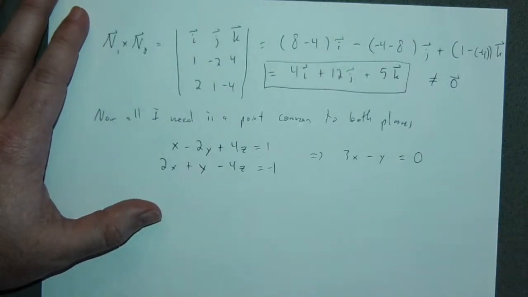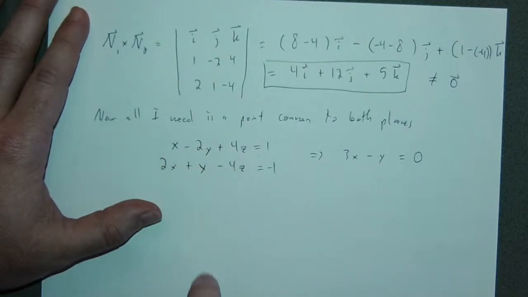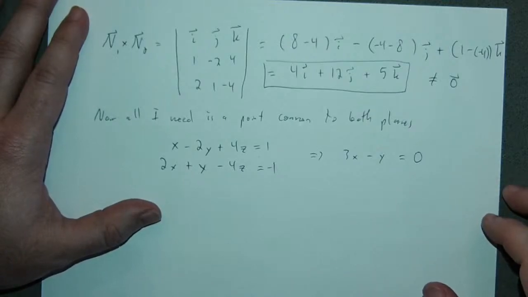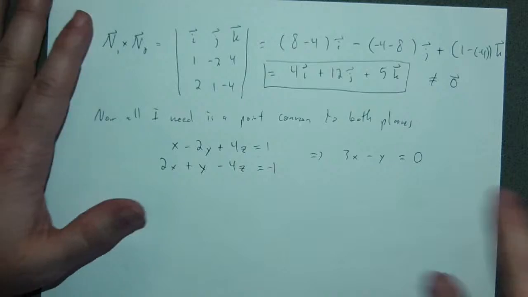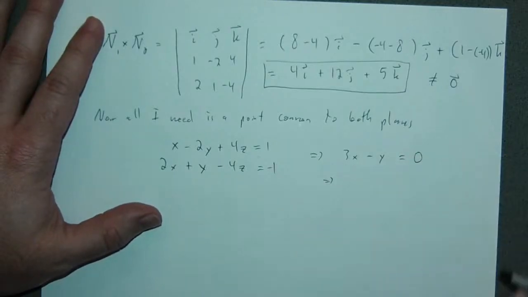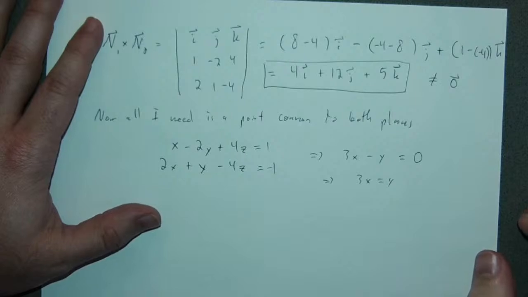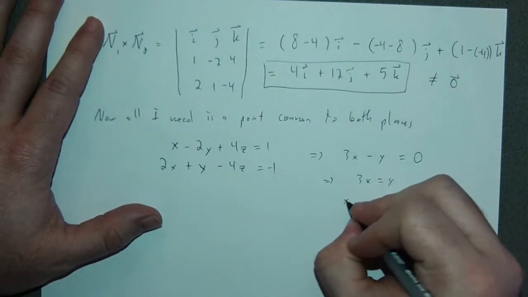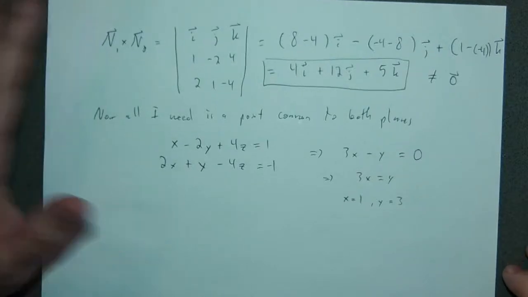So adding both of those equations, I do that right. 3x, yes, minus y, yep, those cancel. And I get 3x minus y is equal to 0 here. So then here I get 3x is equal to y, so I have a choice that I can make. If x is equal to 1, then y is equal to 3.